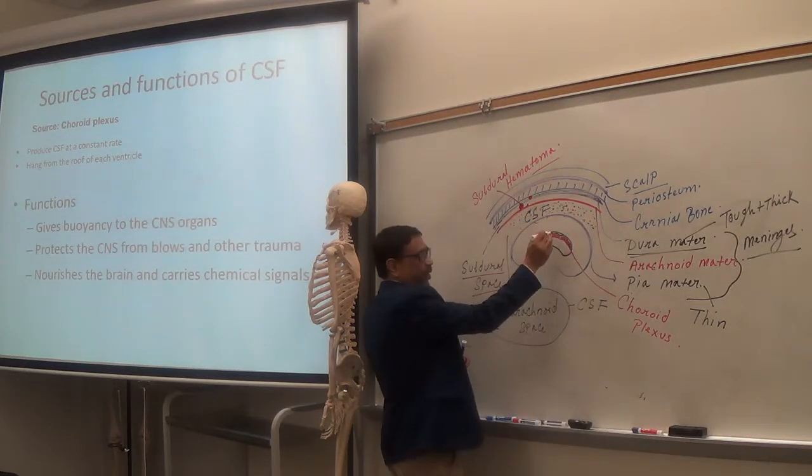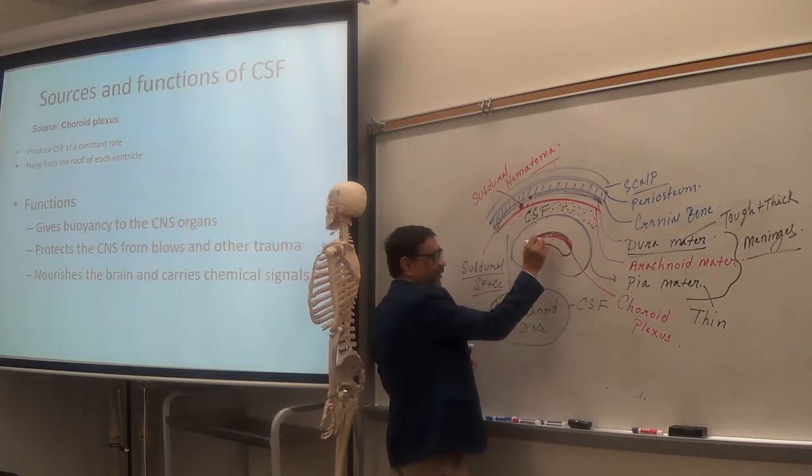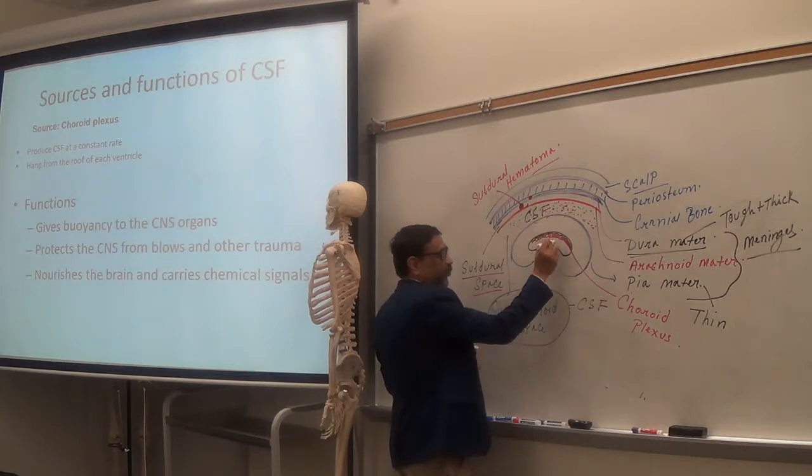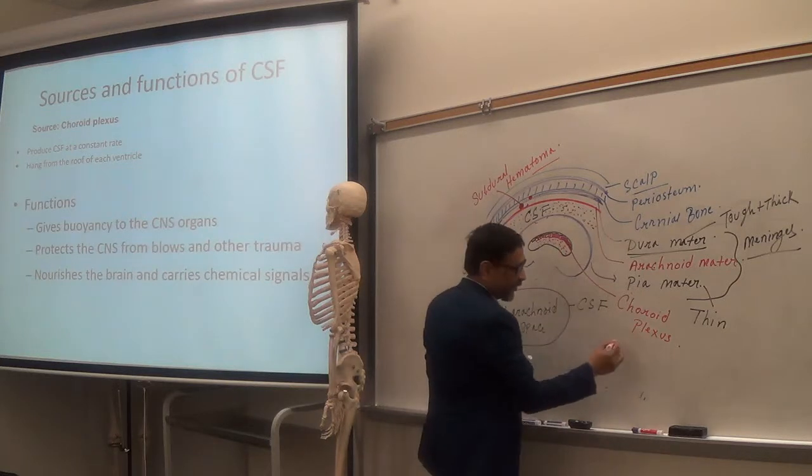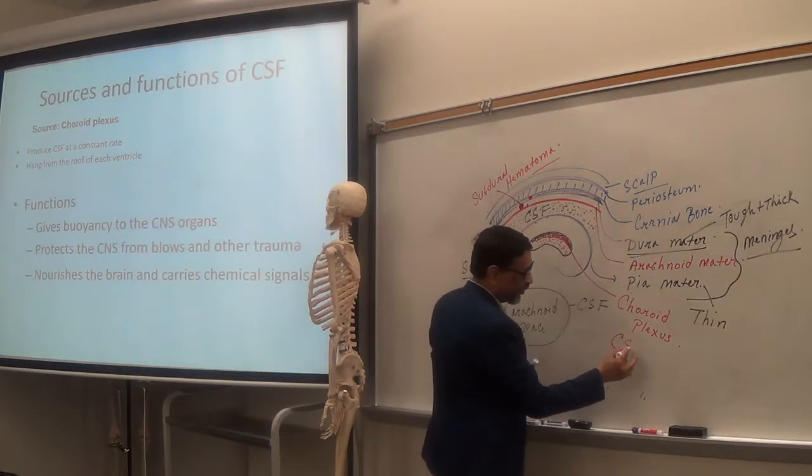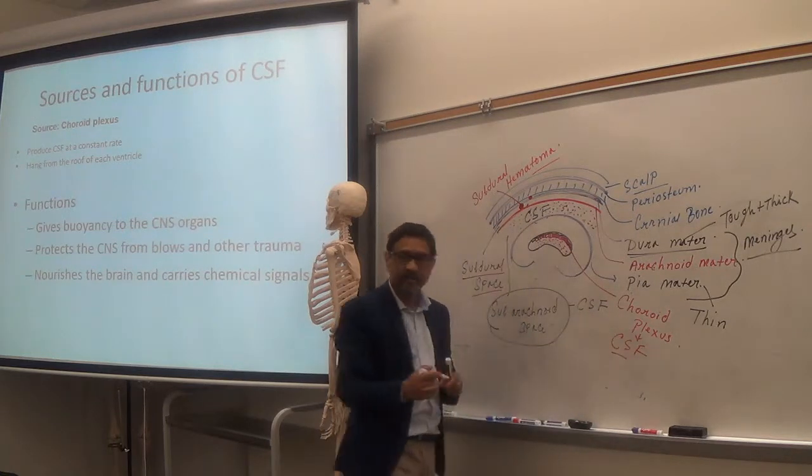And this choroid plexus all the time is secreting the fluid, cerebrospinal fluid here. So choroid plexus secretes the cerebrospinal fluid into the ventricles.